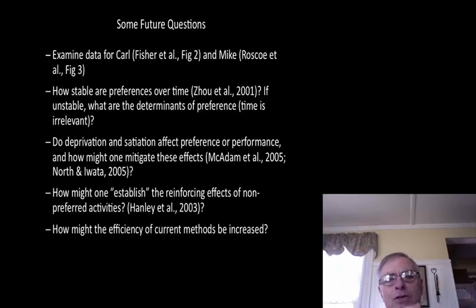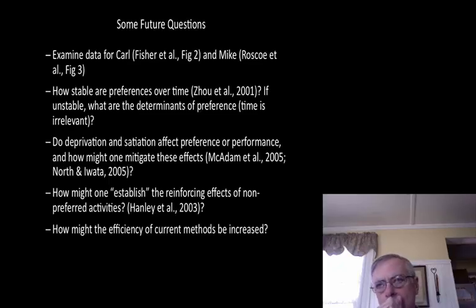At this point, I'm not sure there's a good answer to that one because there have literally been more than a book full of different studies done on how to run preference assessments. You replace the article, you don't replace the article, you do paired stimulus with replacement, paired stimulus without replacement. There's all sorts of options that you can do, and there's been research done on all of them.